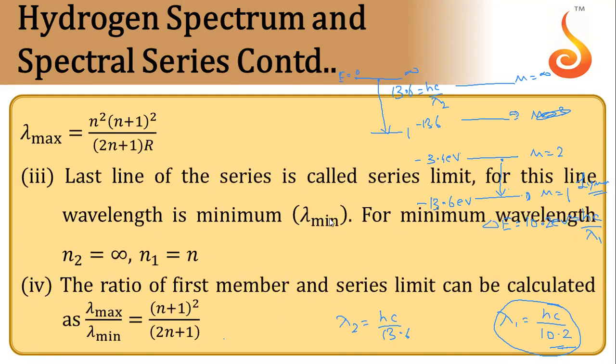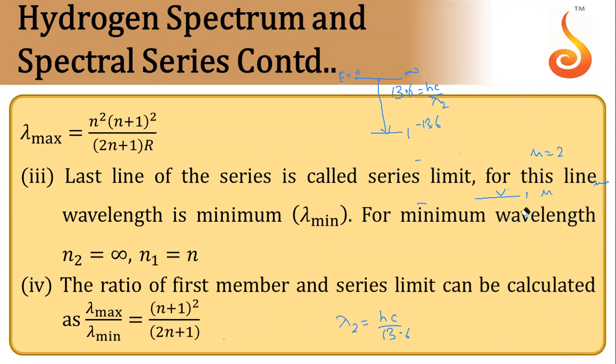Next is the case when the wavelength is minimum. This is known as the last limit of the series. When we were calculating, we found the wavelength is minimum when the electron moves from n equals infinity to n equals 1 orbit. That was for the Lyman series. For the Balmer series, the electron will move from n equals infinity to n equals 2.